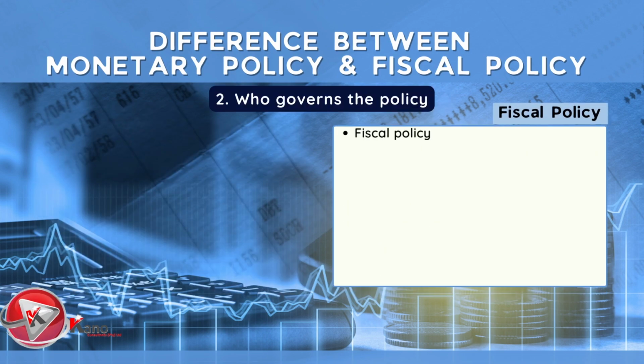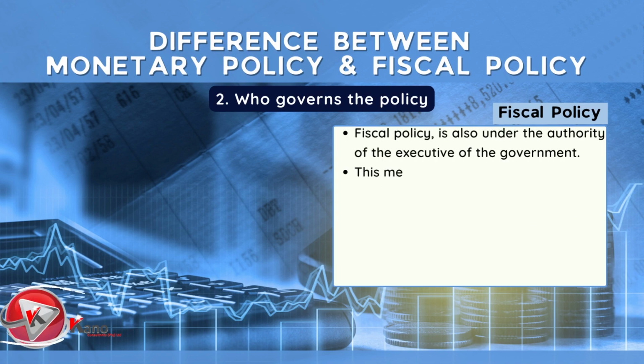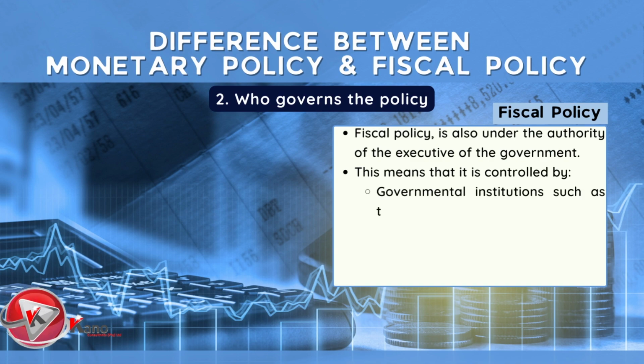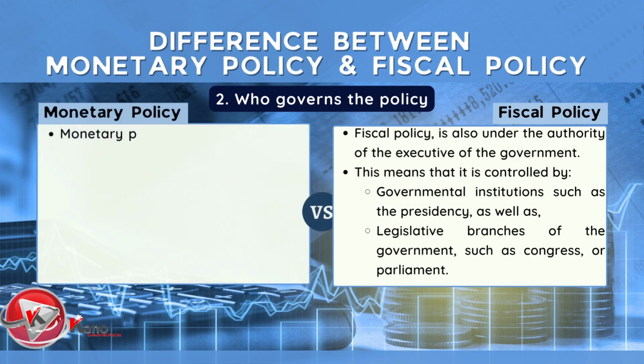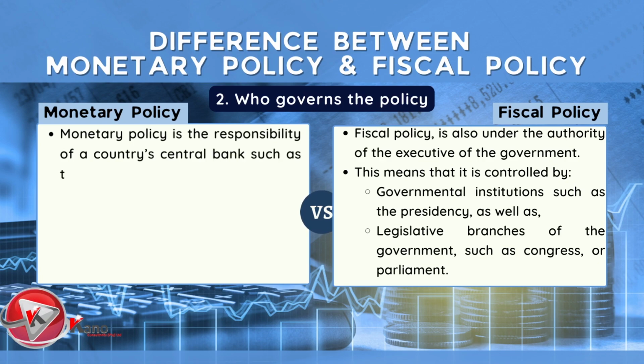Fiscal policy is also under the authority of the executive of the government. This means that it is controlled by governmental institutions such as the presidency, as well as legislative branches of the government, such as Congress or Parliament. While monetary policy, on the other hand, is the responsibility of a country's central bank, such as the Federal Reserve or the Reserve Bank.